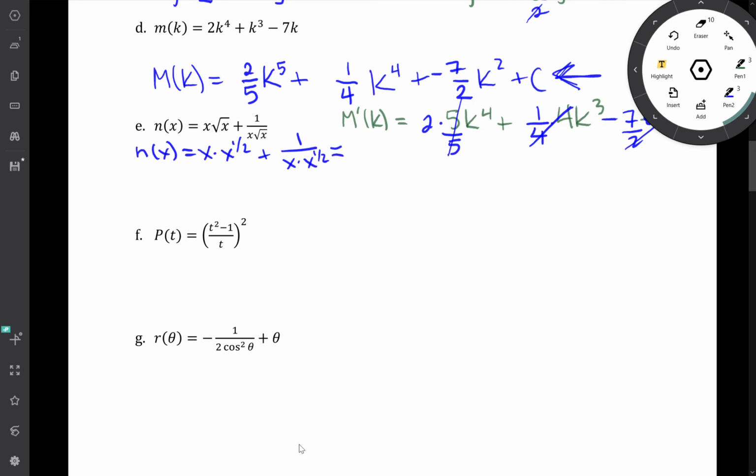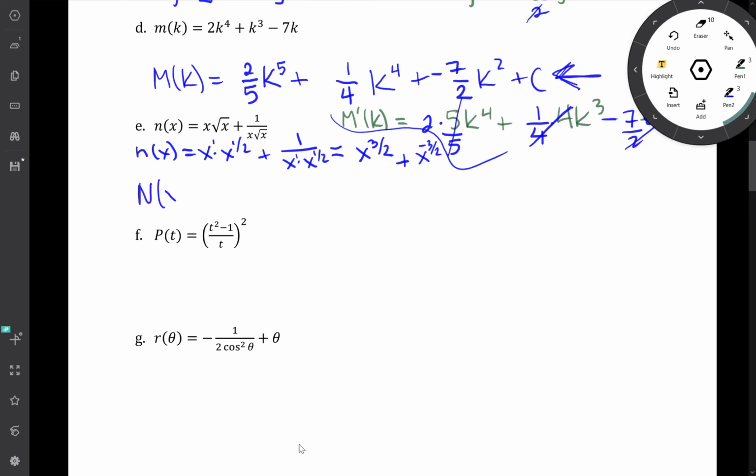And then if you have an x to the first times an x to the 1/2, you can add those powers and say you have x to the 3/2. And with the 1/x to the 3/2, you can rewrite that as x to the -3/2. Okay, so that's what my original function simplifies down to.